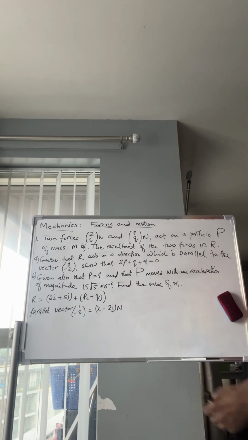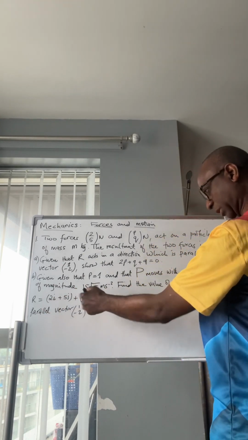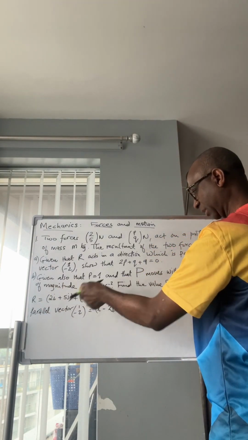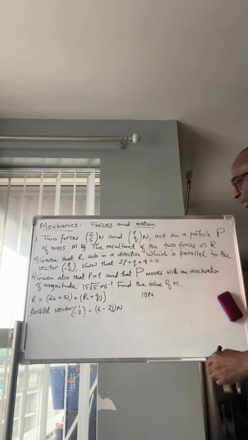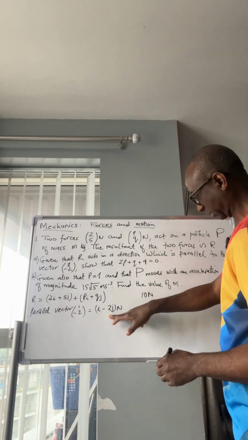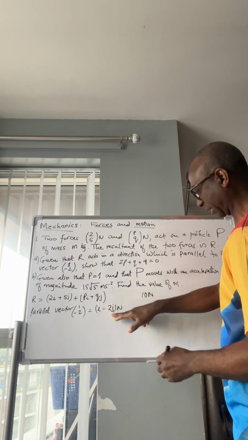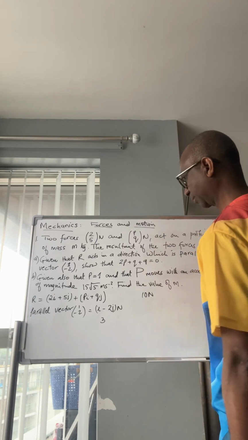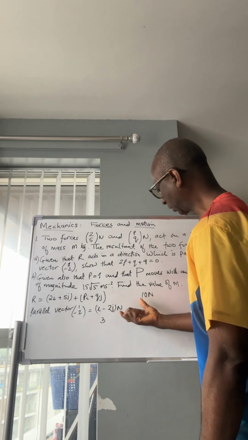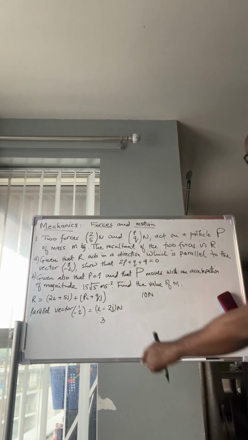Say this whole vector here is 10 newtons, and this vector here is 2 newtons.